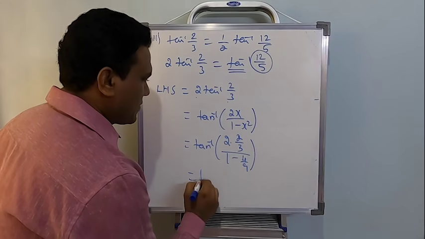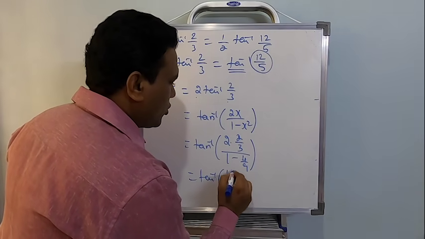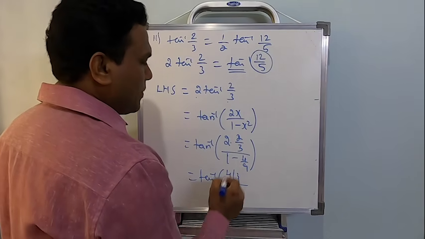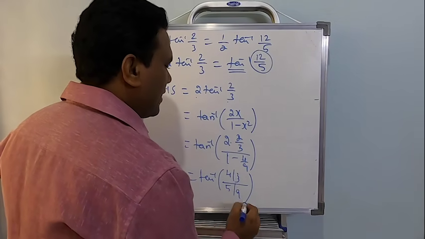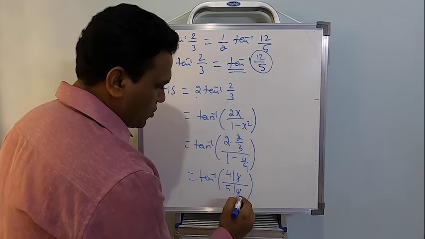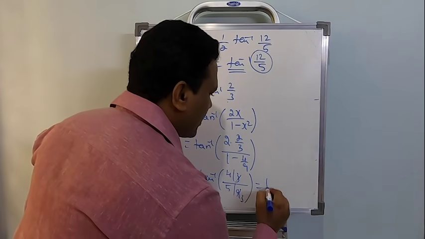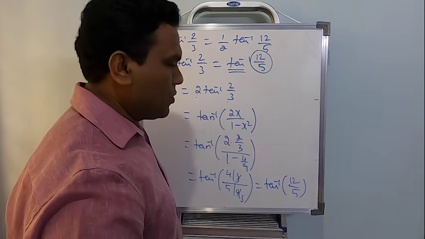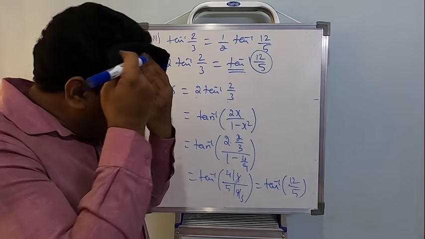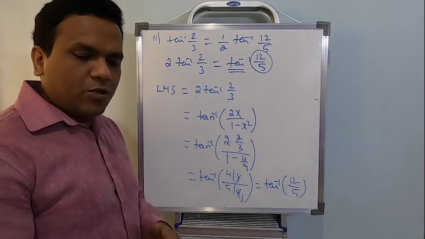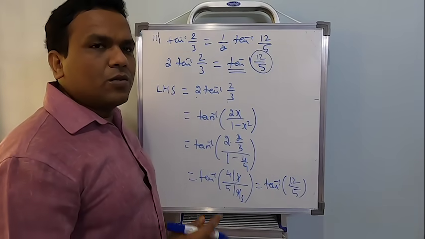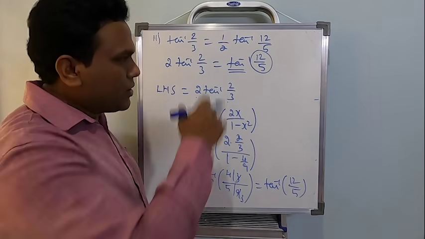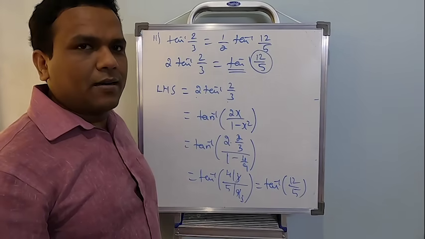So tan inverse, numerator 4 by 3, denominator after taking LCM, it's going to be 9 minus 4, that's 5 by 9. So this 3 goes to the numerator. So what will the answer be now? Tan inverse of 12 by 5. So students, depending on the situation, you select the formula. There are 3 formulas for tan inverse, so depending on what we need to get, a suitable formula should be selected.